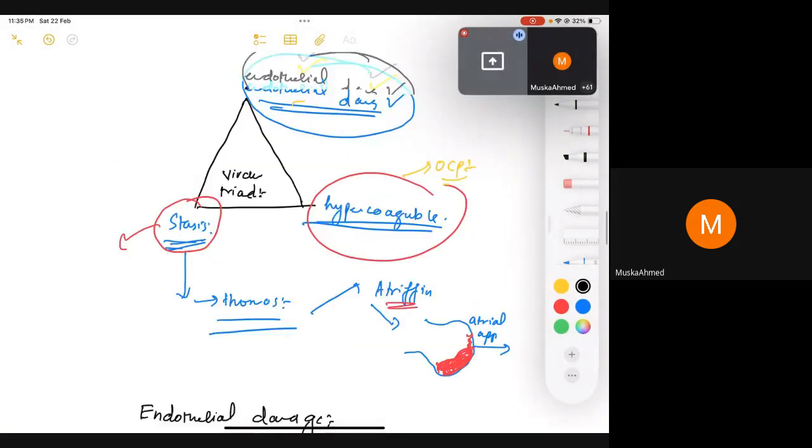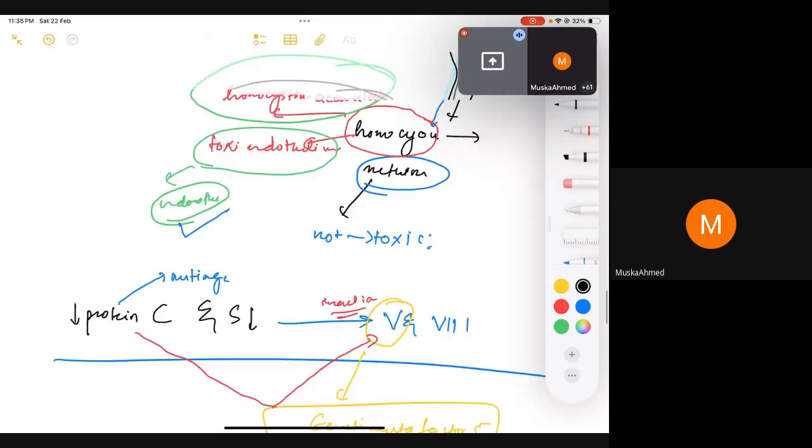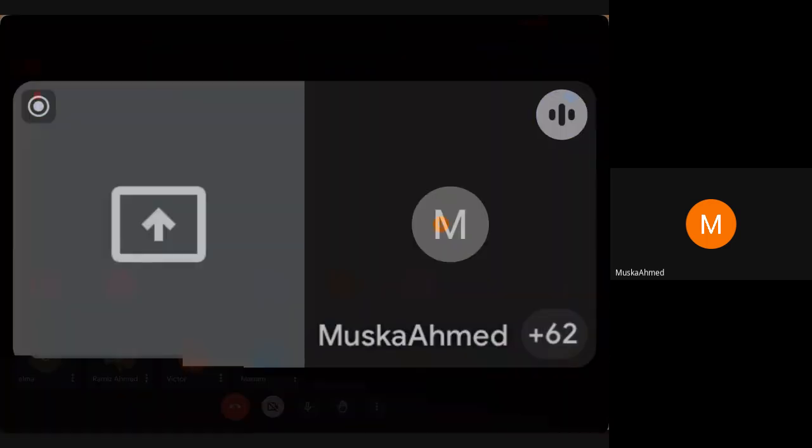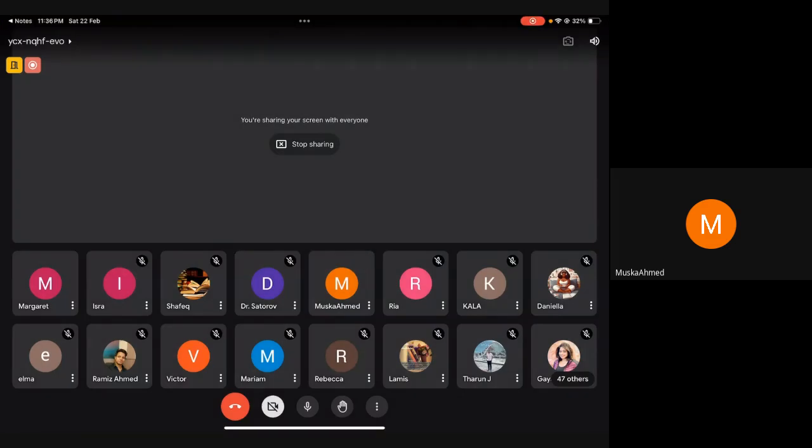So basically, Dr. Varda is asking how we can have nitrogen embolism in a deep sea diver once they are approaching back to the land. Can anyone give a good explanation for that? Dr. Varda, please turn on your mic.